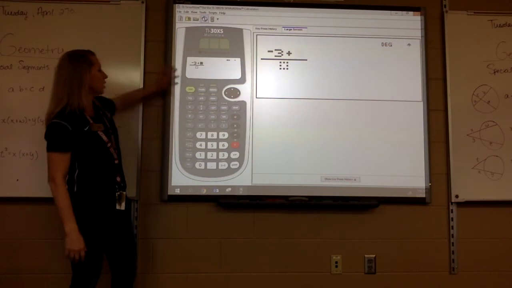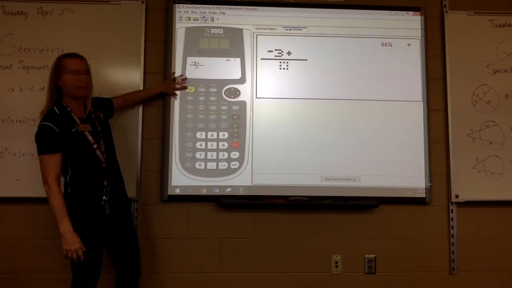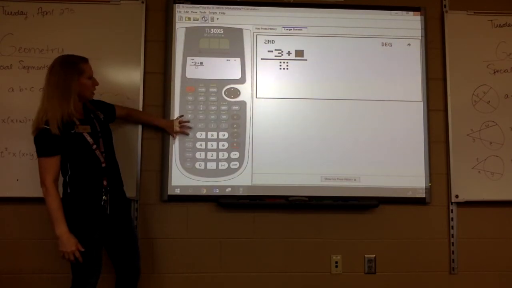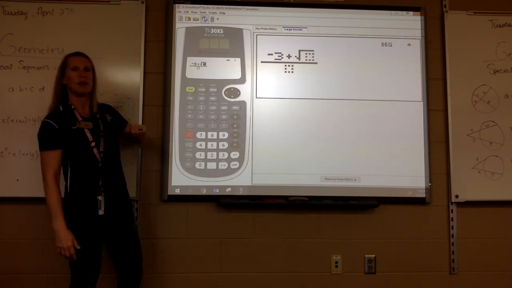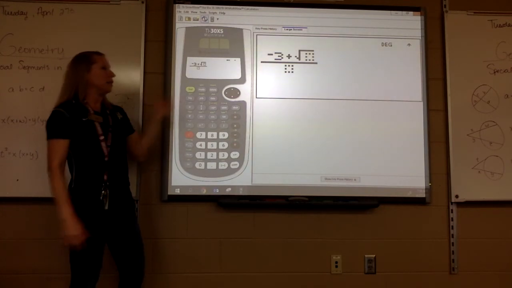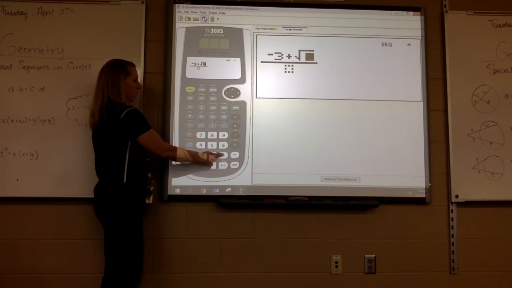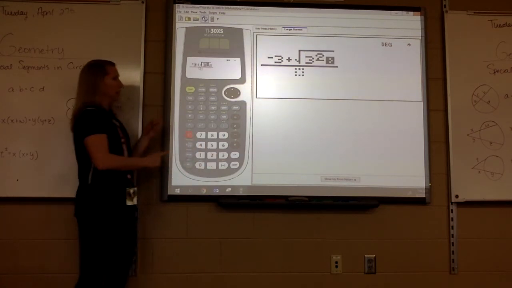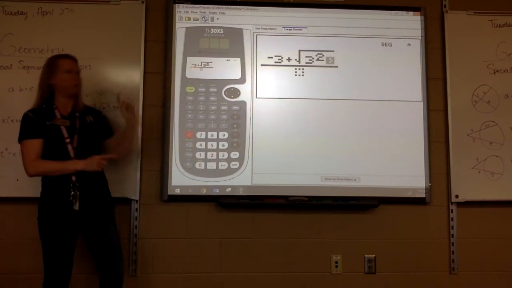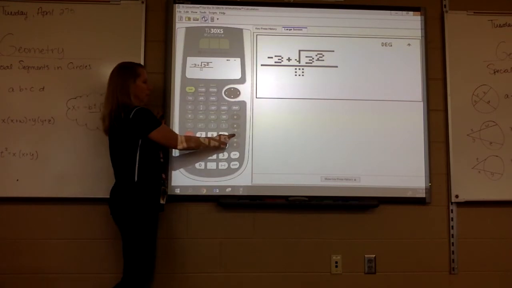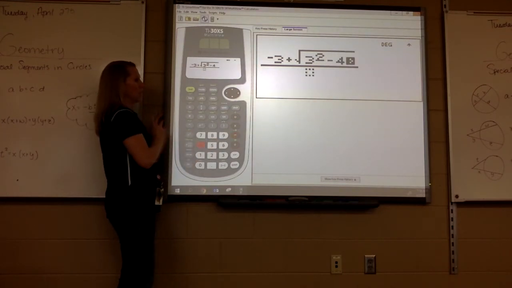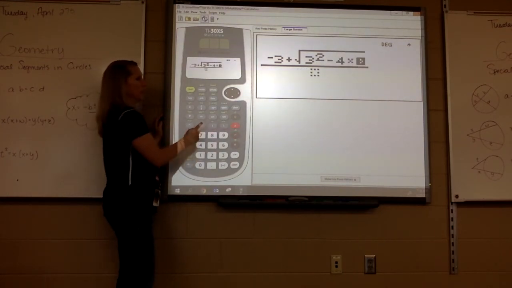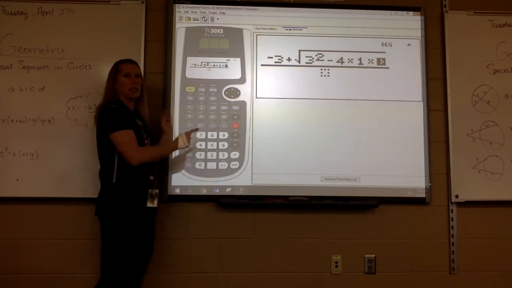The square root. So do you guys remember how to get the square root? Second x squared. And then it's b squared, so hit 3, and then the x squared button to put the little 2, minus 4 times a, what was a, 1, times c, what was c?